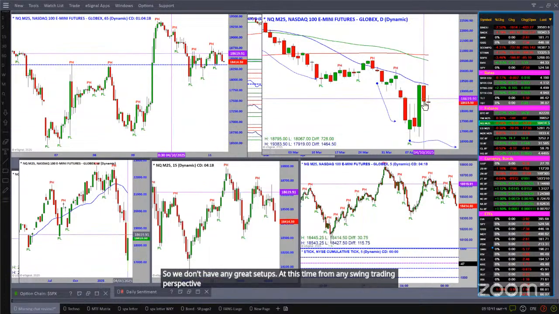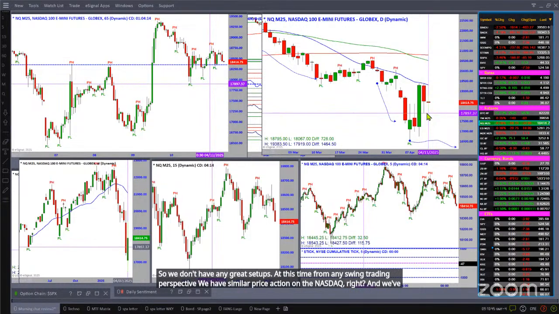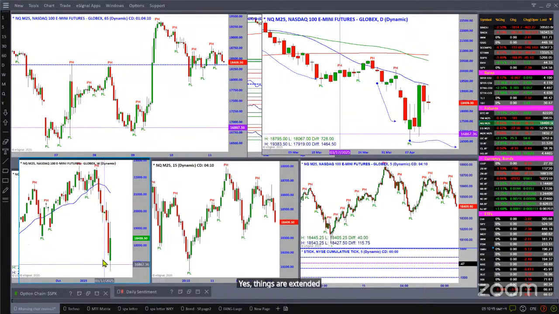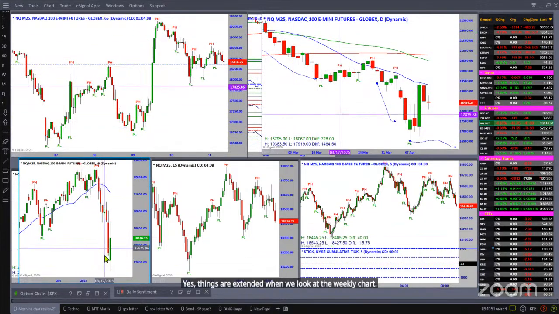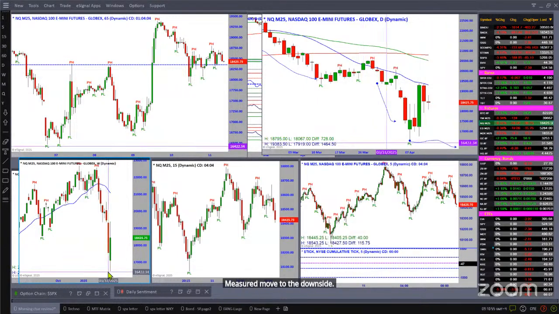We have similar price action on the NASDAQ, right? And we've seen that over the last several days. Yes, things are extended when we look at the weekly chart. We've got a sort of pseudo measured move to the downside. So it's down enough to stabilize.